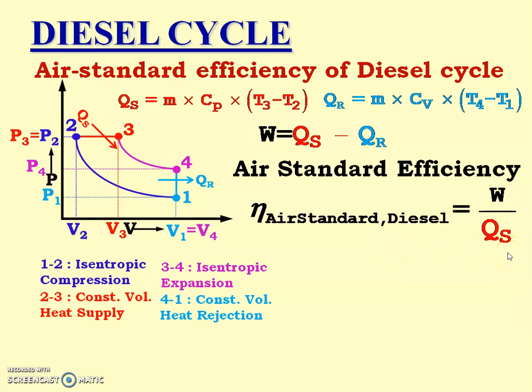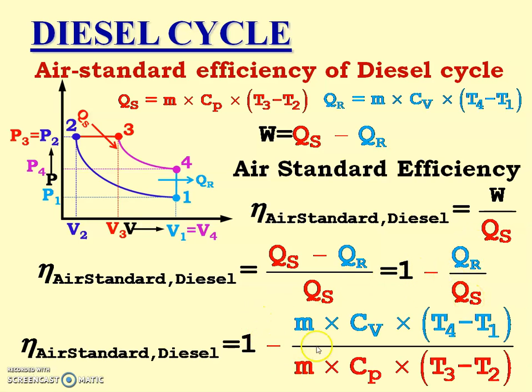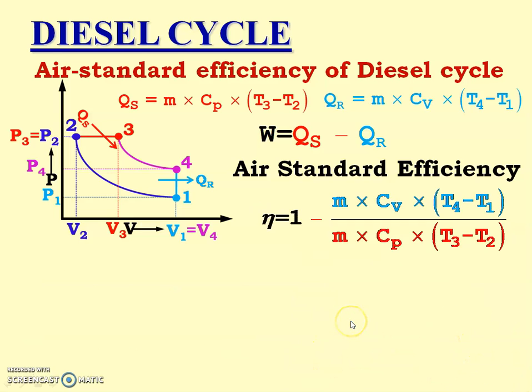Now substituting the equation, (Qs minus Qr) divided by Qs, that is 1 minus Qr by Qs. Therefore it is 1 minus m into Cv into (T4 minus T1) divided by m into Cp into (T3 minus T2). Which term can be cancelled? Mass can be cancelled.